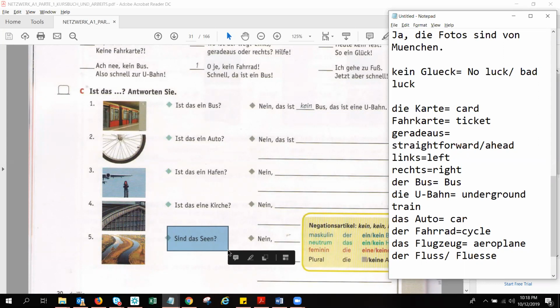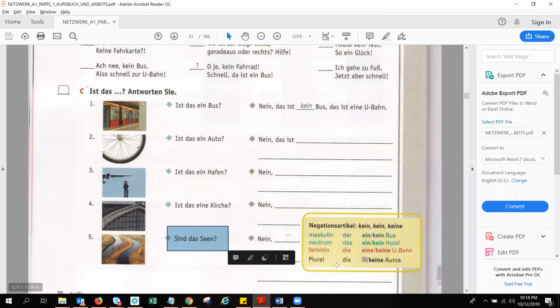So, sind das Seen? Nein, das sind keine Seen. Das sind Flüsse. There will be no ein for Flüsse because it is plural.